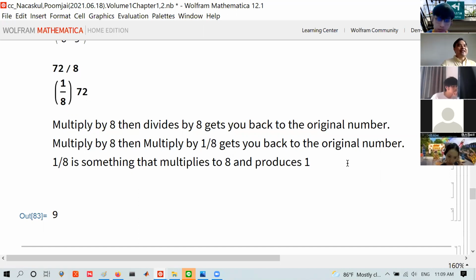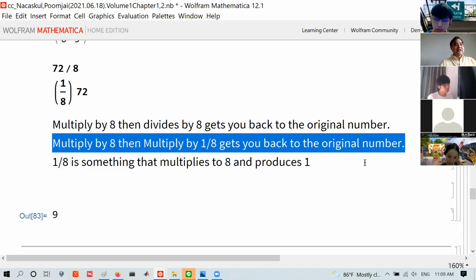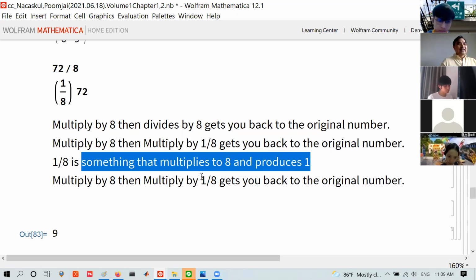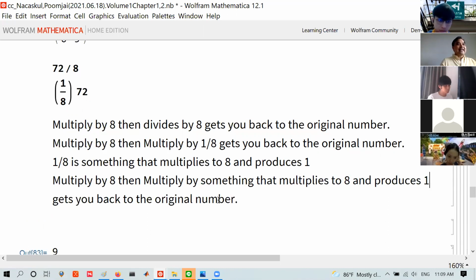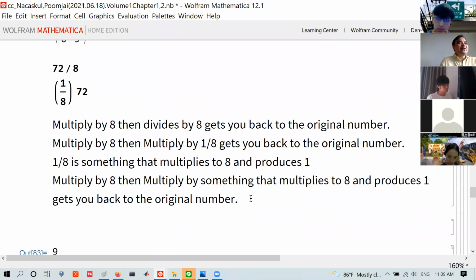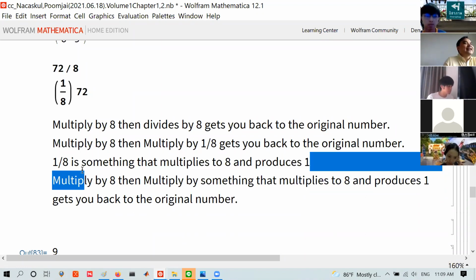I'm going to insert this phrase into this. So instead of 1 over 8, I'm going to put this: multiply by 8, then multiply by something that multiplies to 8 and produces 1 and gets you back the original number.